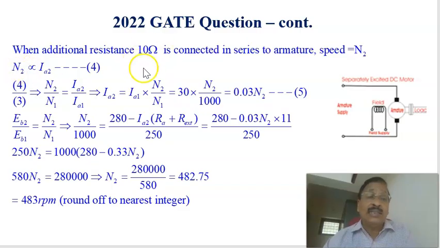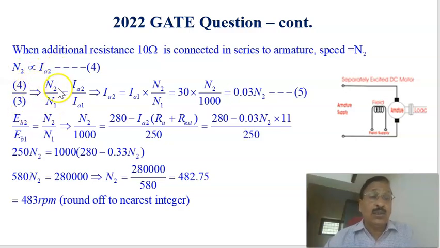As we have already seen, speed N is proportional to the armature current, and in that way we found N1 is proportional to Ia1. Here, in the second case, when 10 ohm is added in series to the armature, the corresponding speed N2 is proportional to Ia2.